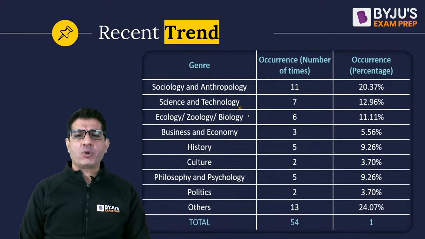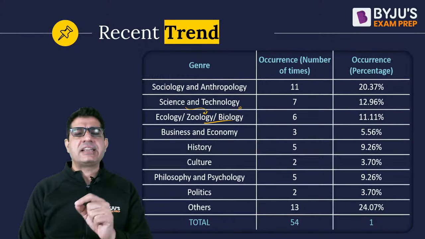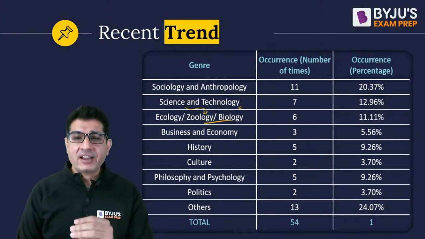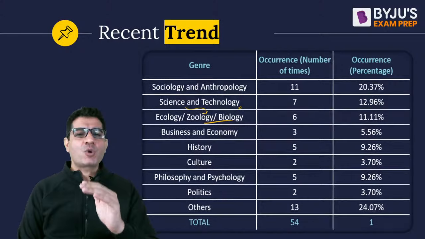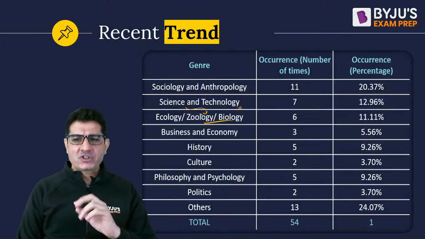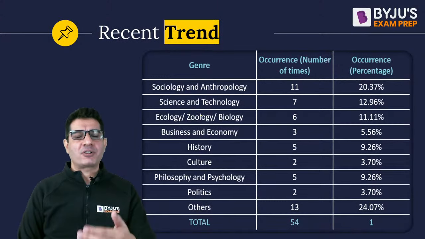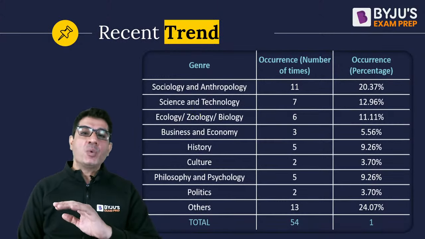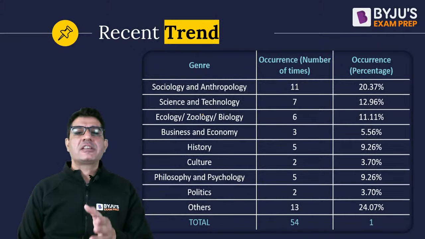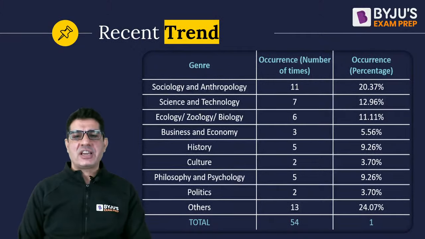Then if you look at the next column, which talks about ecology, zoology, biology. Now, zoology and biology are also science. So the difference is that in the second column, when I say science and tech, the focus is more on tech, whereas here the focus is more on core sciences. So actually, I can say that around 20% of the passages belong to science. It is just that within that genre, the emphasis is a little more on technology aspects.